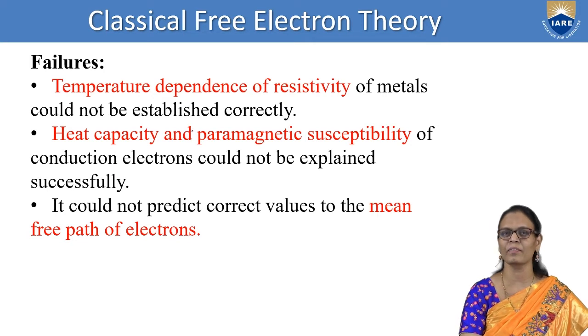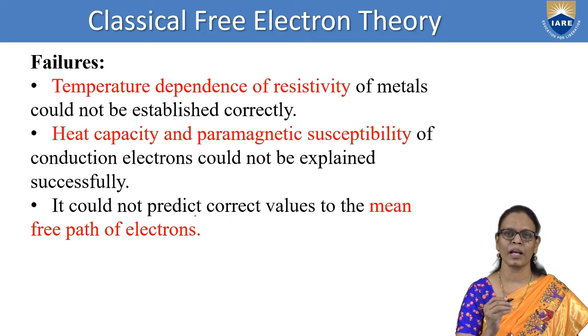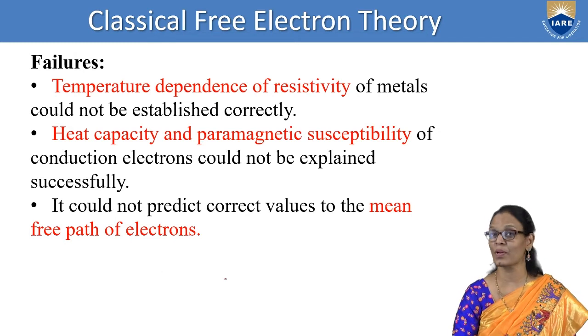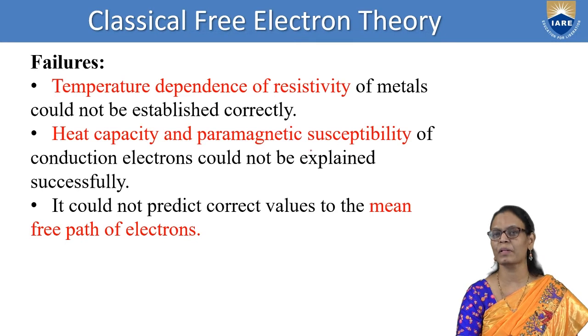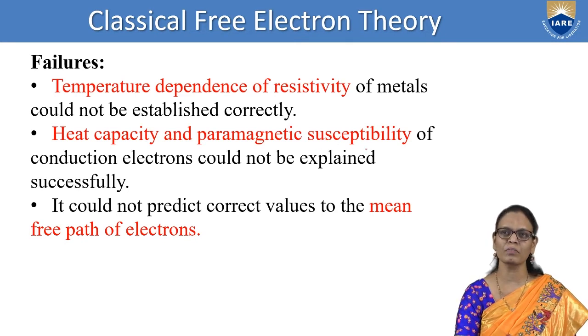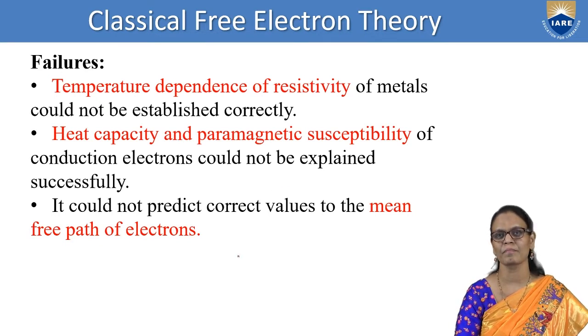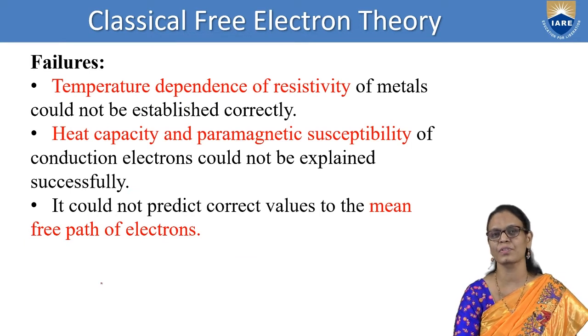We were talking about electrical conduction, and also thermal properties as well as magnetic properties. Susceptibility talks about the property of a substance to allow the magnetic lines of force to pass through, how susceptible they are. That could not be explained with the help of this theory.